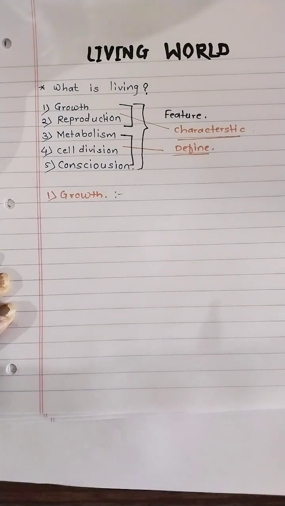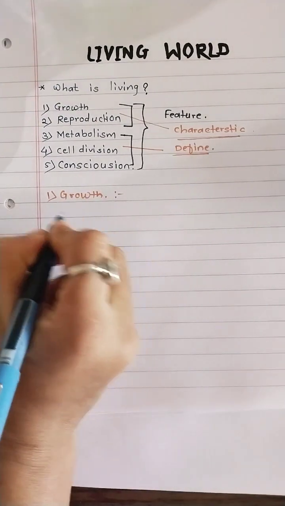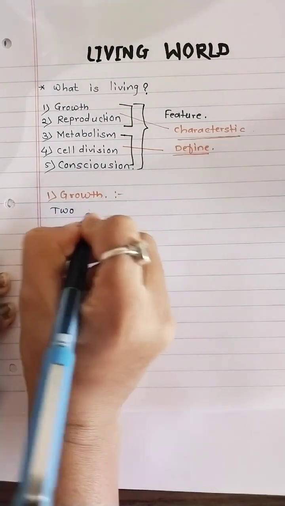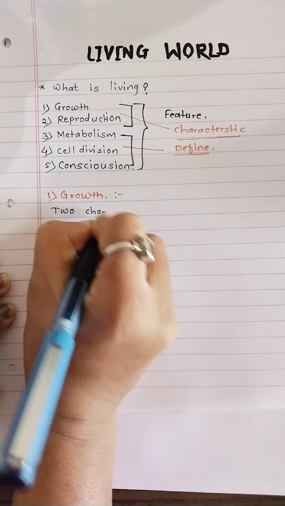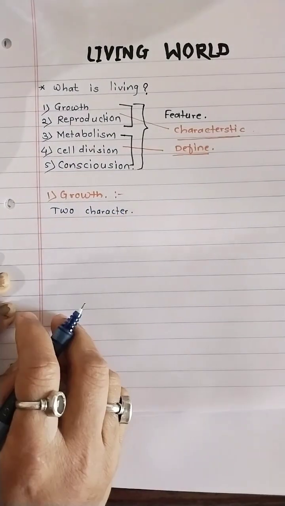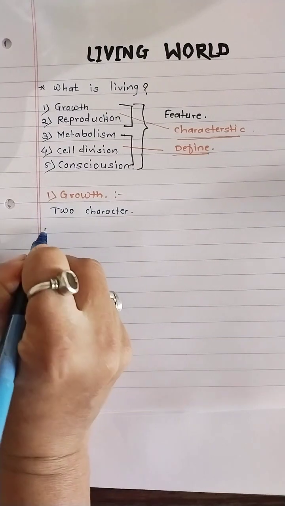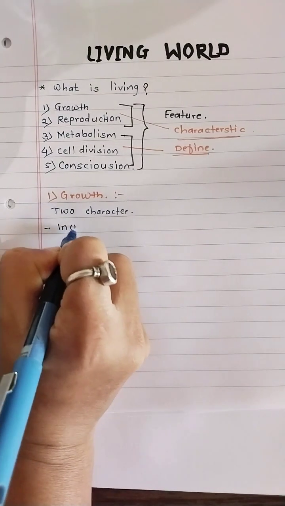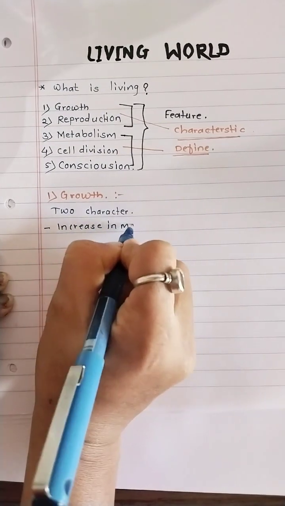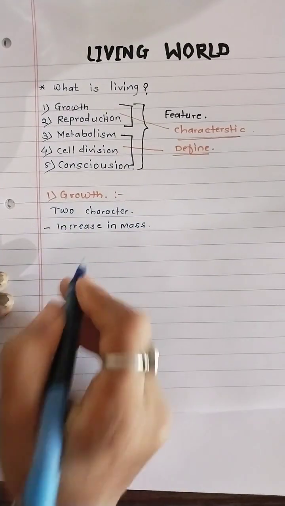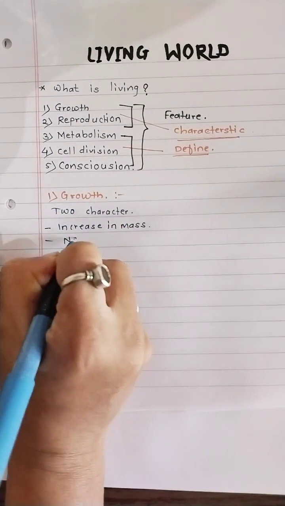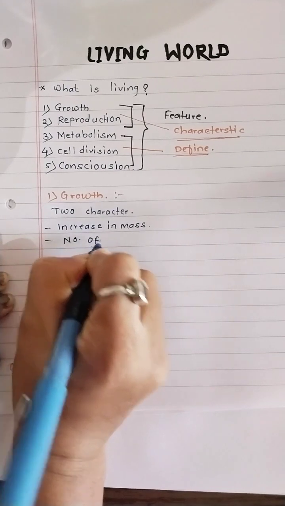What is growth? What is the meaning of growth? Growth can be explained by two characters. The first character is the increase in mass, and the second character is the increase in the number of cells.